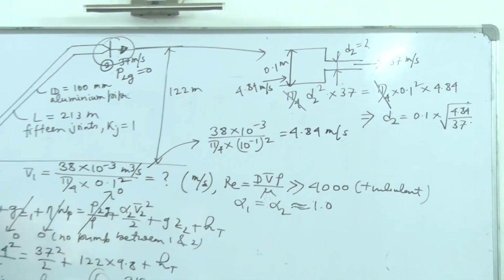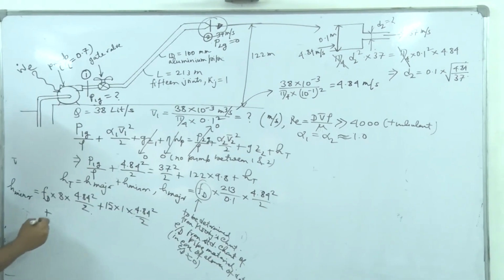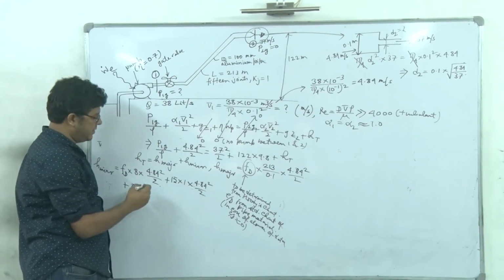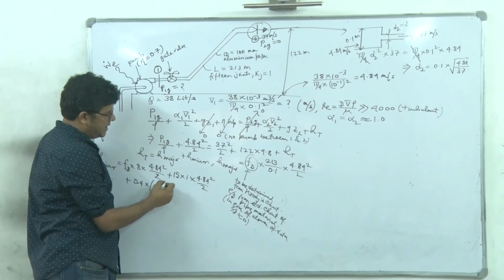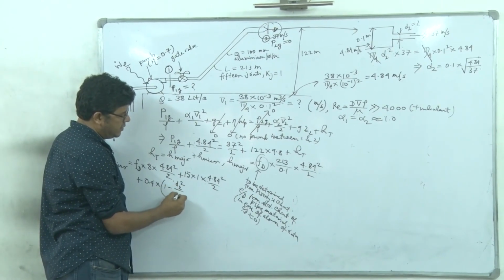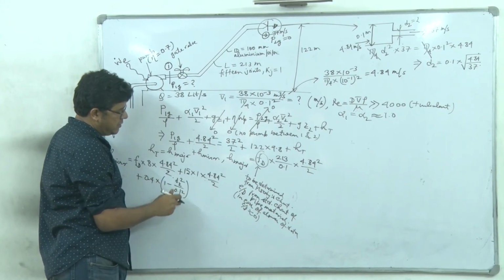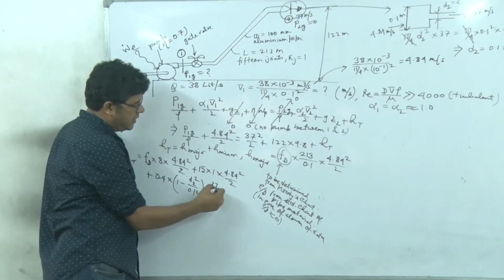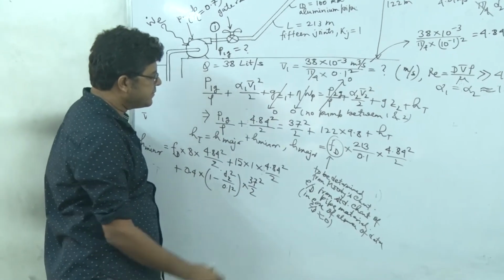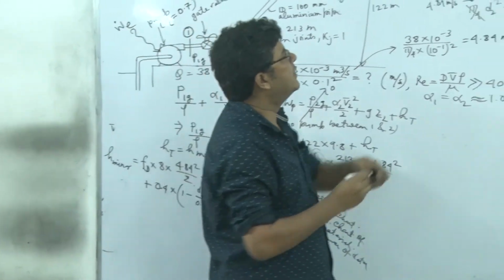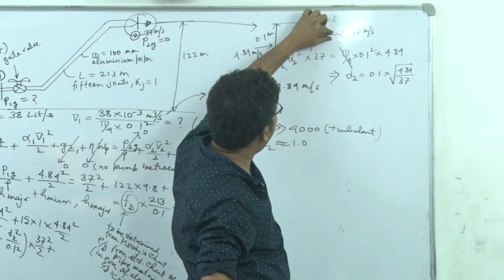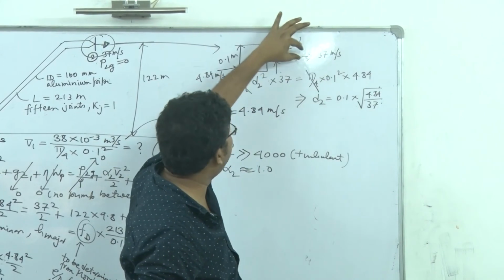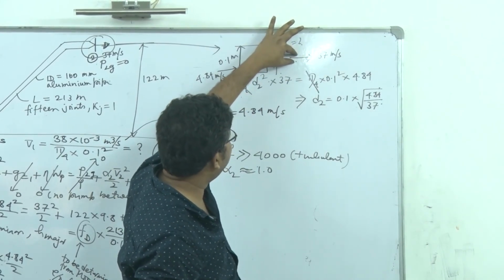So we can calculate the head loss as what? Contraction: 0.4 within bracket 1 minus smaller area by larger area. So the smaller area, d2 square, pi by 4 will cancel out, divided by the larger area 0.1 square. So d2 square by 0.1 square into the velocity head in the smaller cross section, which is 37 square by 2, right? Plus there will be another loss. As the water moves out, it's expanding into infinite space from a very small area of the pipe.